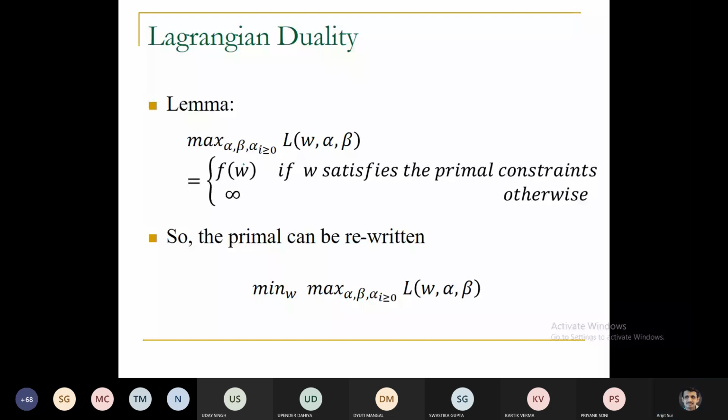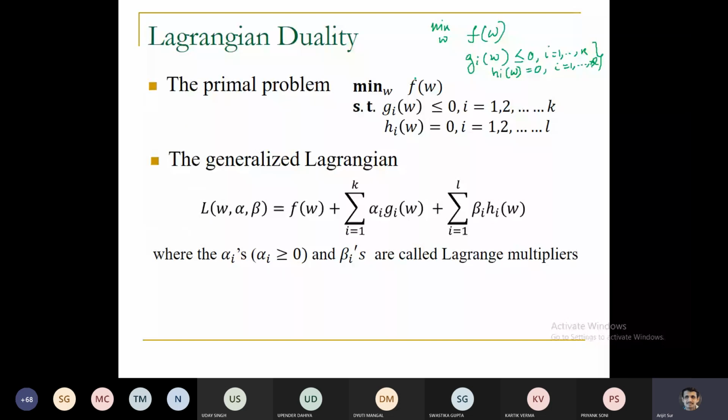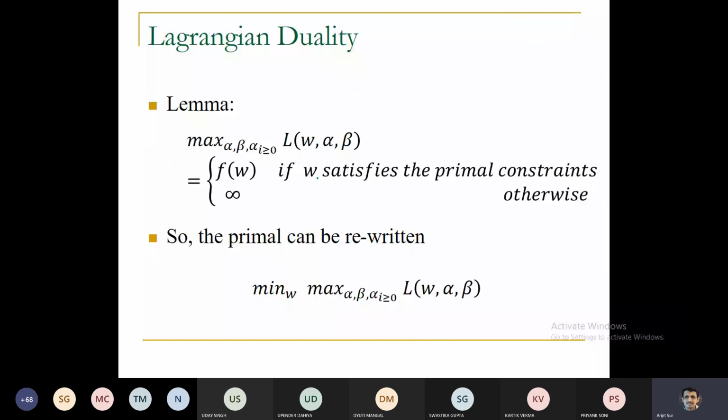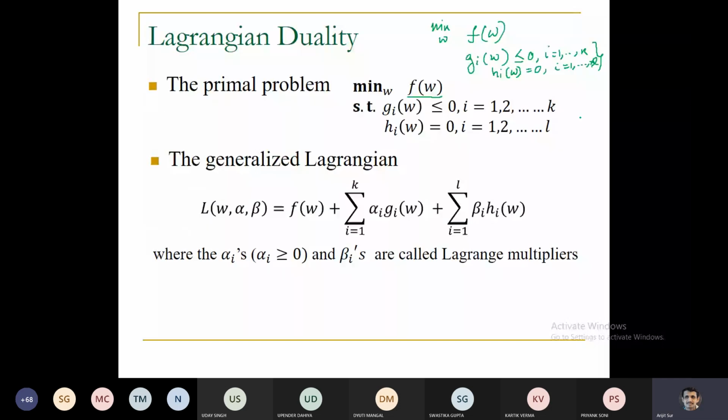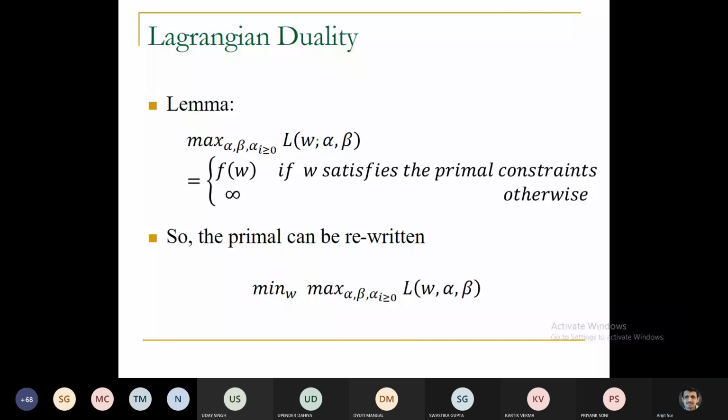This is f(w) if w satisfies the primal constraints. What are the primal constraints? These are the primal constraints. If w satisfies these primal constraints, then the maximum of this L function is basically f(w). Otherwise, it's infinity.